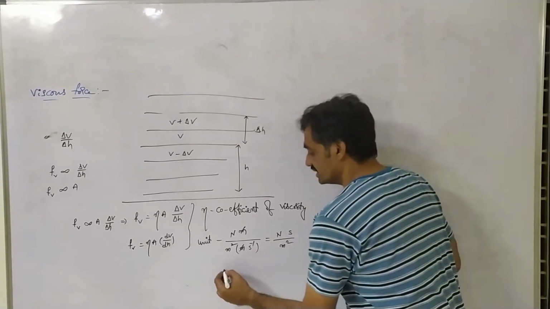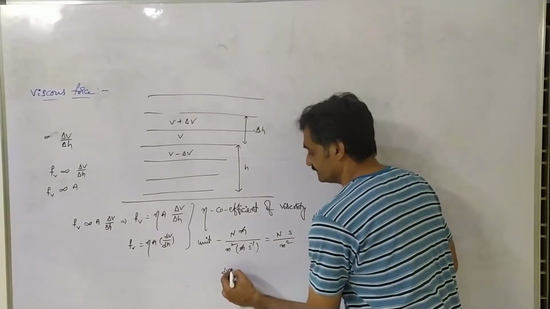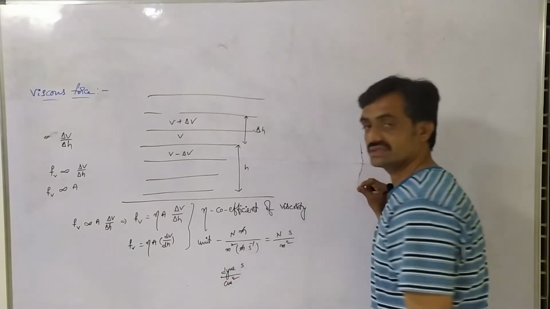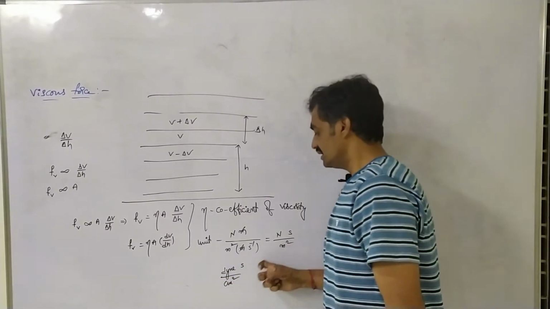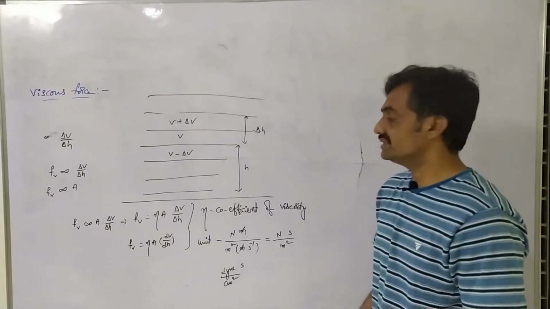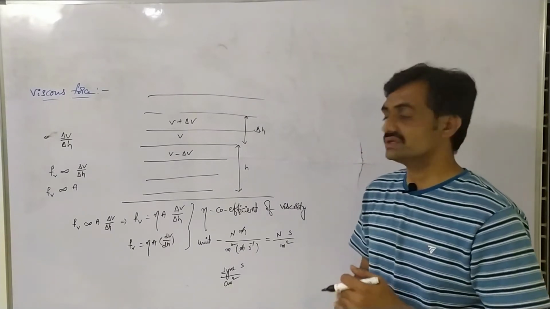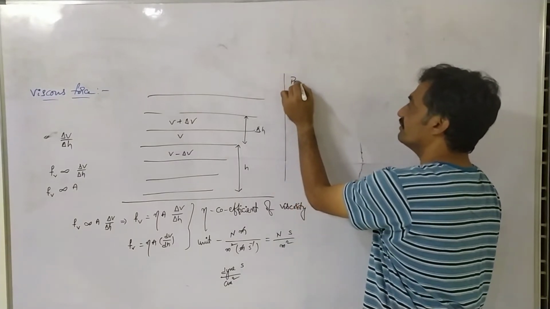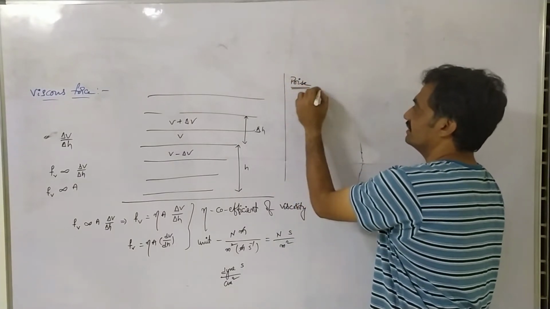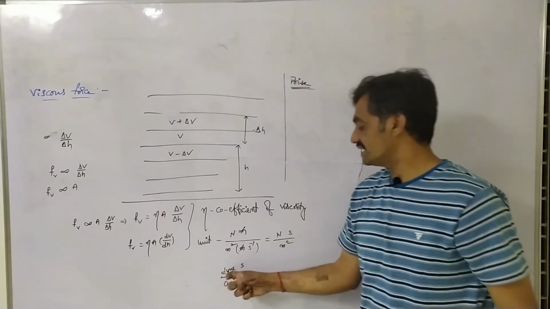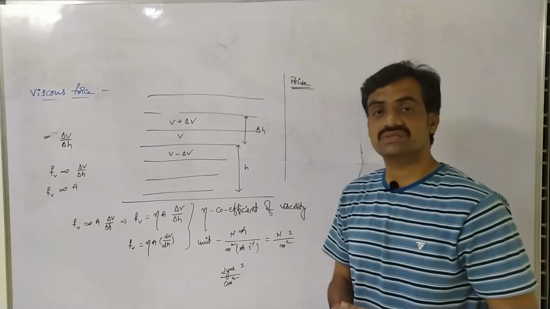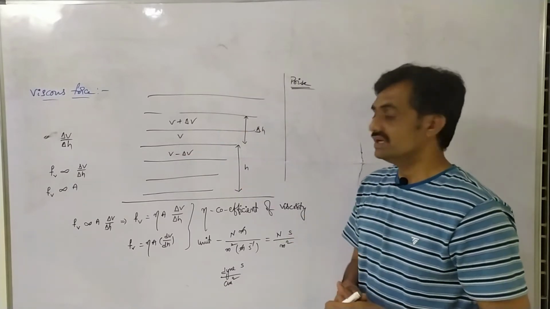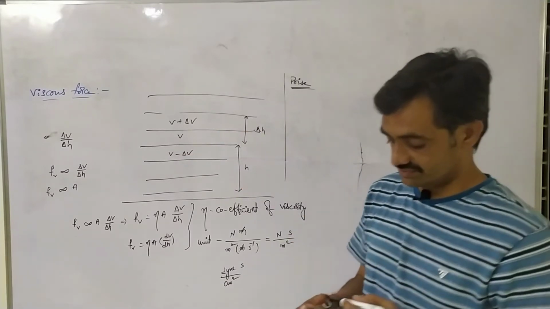In the CGS system, it can be represented as dyne second per centimeter square. This dyne second per centimeter square can also be represented as a poise, a very familiar unit. So instead of dyne second per centimeter square, we can represent it as a poise, the unit given to viscosity.